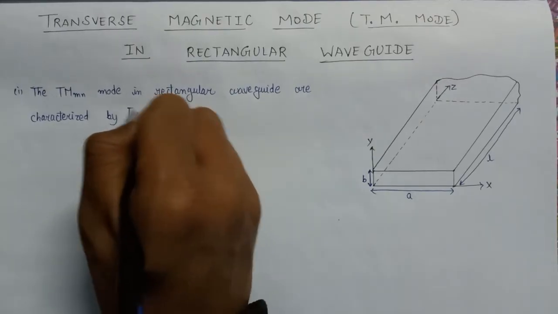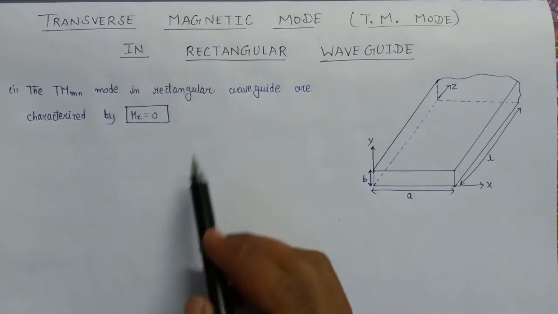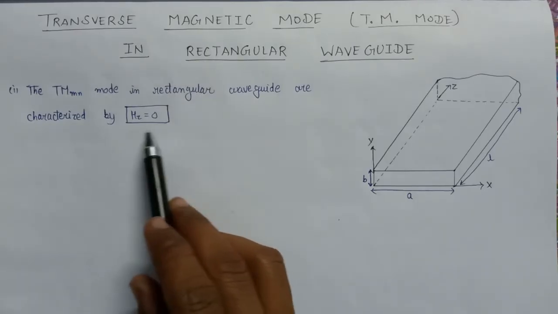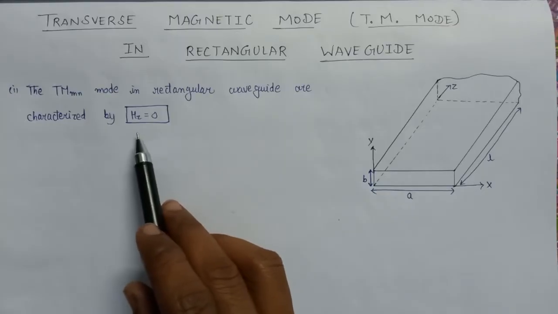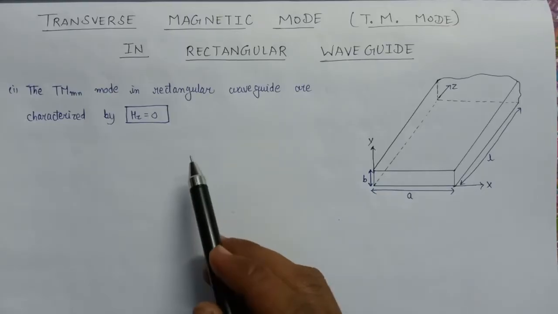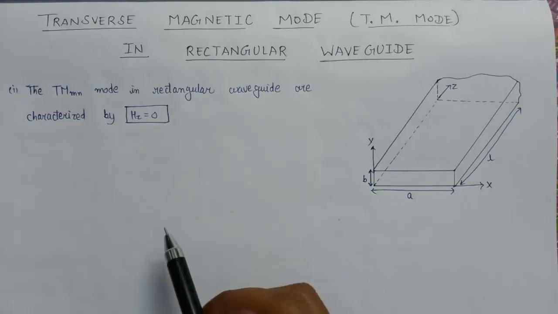This is the most important condition associated with transverse magnetic mode. Since the Hz component is equal to 0, we assume that the Ez component should exist in case of transverse magnetic mode in rectangular waveguide.